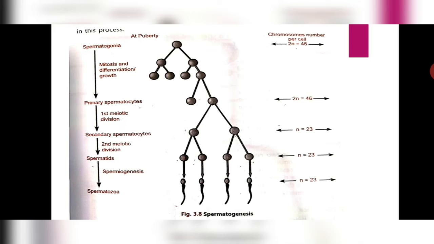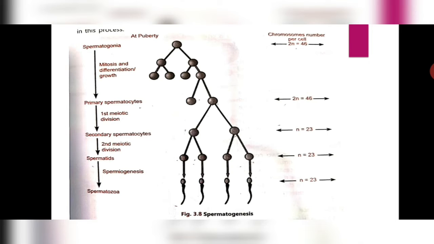During the third phase or the maturation phase, some of the spermatogonia undergo periodic meiotic division. The primary spermatocyte completes its first meiotic division, which we all know from class 11 is a reductional division, leading to formation of two haploid secondary spermatocytes, as you can see from the schematic representation.